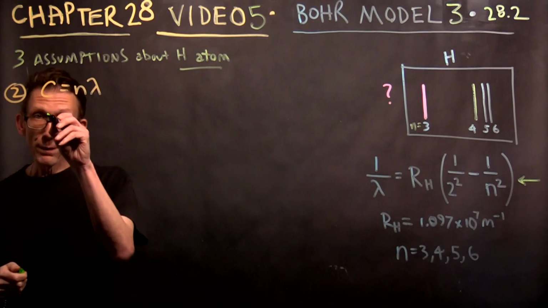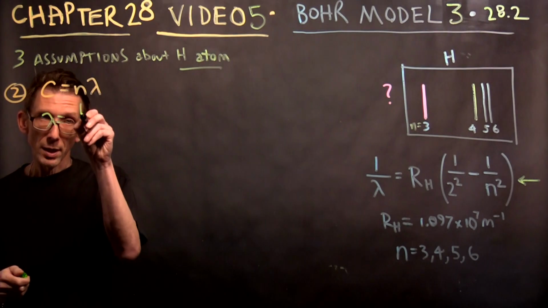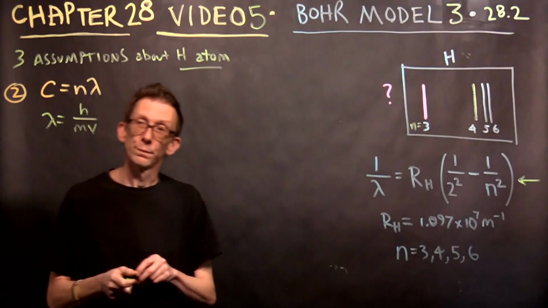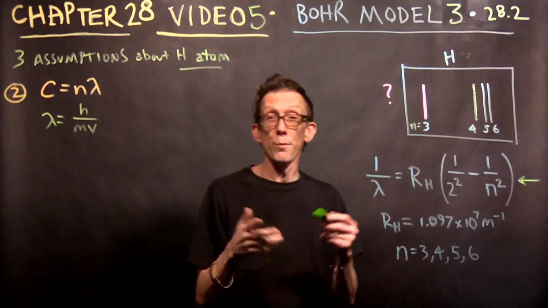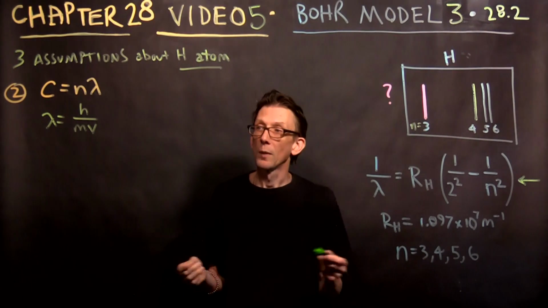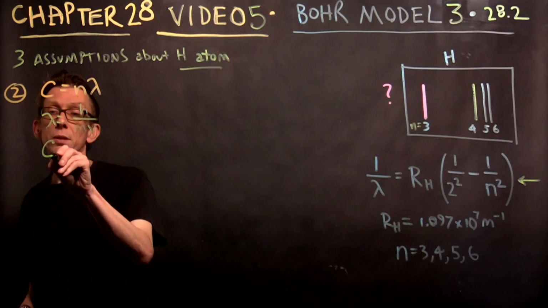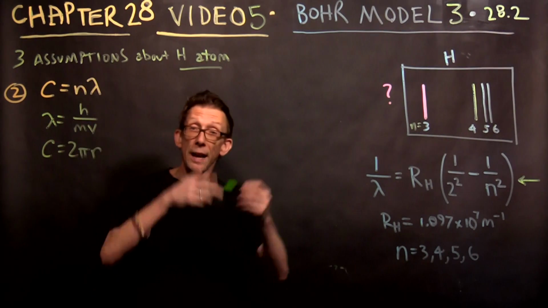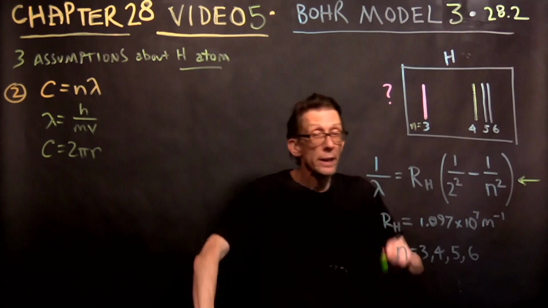And remember, de Broglie wavelength is h over mv, for an object of mass m moving at speed v, right? Also, we know the circumference is 2 pi r. You learned that before you met me, hopefully.